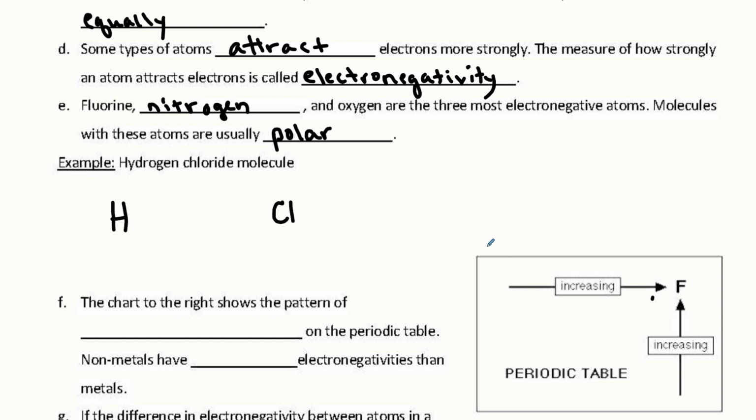Hydrogen's way over here, and it's got a lower electronegativity. Because of the difference in electronegativities, chlorine is going to pull the electrons closer to it. So you end up getting a negative charge on chlorine and a positive charge on hydrogen.